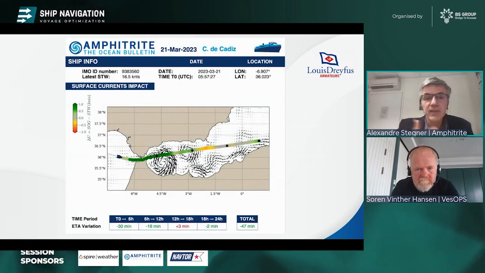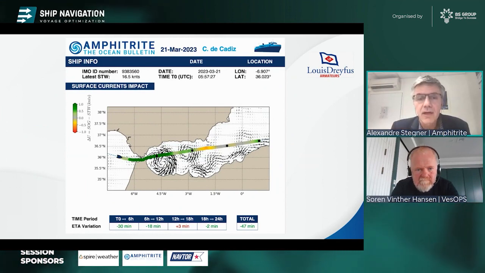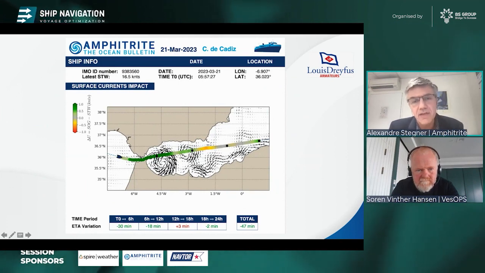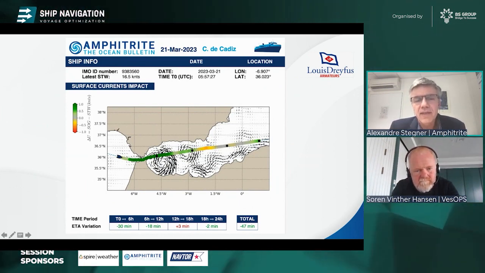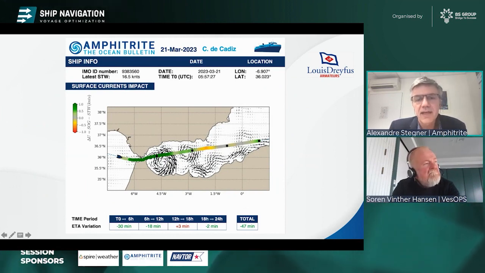We are providing direct information on the ship routes. We can give the details of exactly what is the impact of these fine-scale currents every hour or per section of every 4 or 6 hours, where you are expected to be accelerated, or you will have a speed down due to the currents.